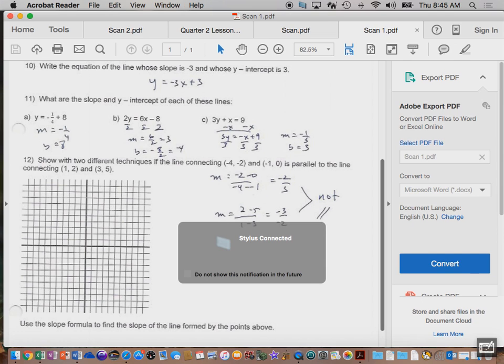Let me go through B and C. Look, if you were wrestling, and the match always starts on your feet, you have to begin in a really good stance. If you're not in a good stance, you're going to get crushed.